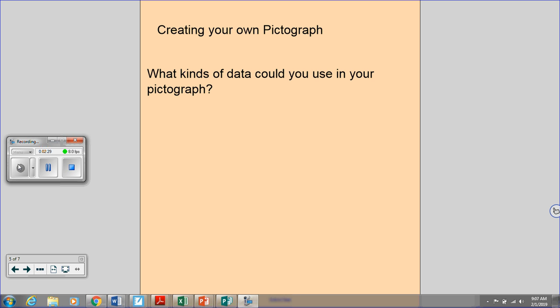What one of the pictures are worth. Very good. Could my pictures be worth 1 vote or 1 tally? Yes. But a lot of times, especially if we have a lot of data, instead of counting by ones, it might be easier to skip count by something larger than ones.